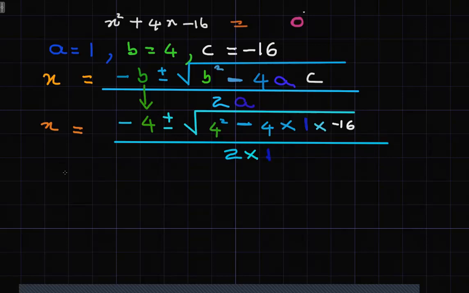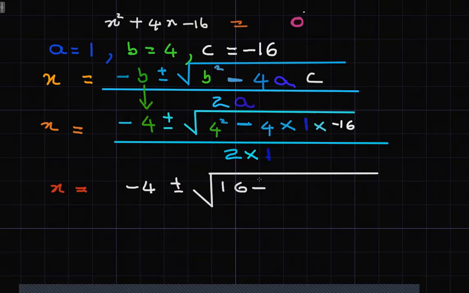So what do we get for x now? X equals minus 4 plus or minus 4 squared. Look at this green color 4. What is there with it? Squared. What does 4 squared mean? It means 16 minus.